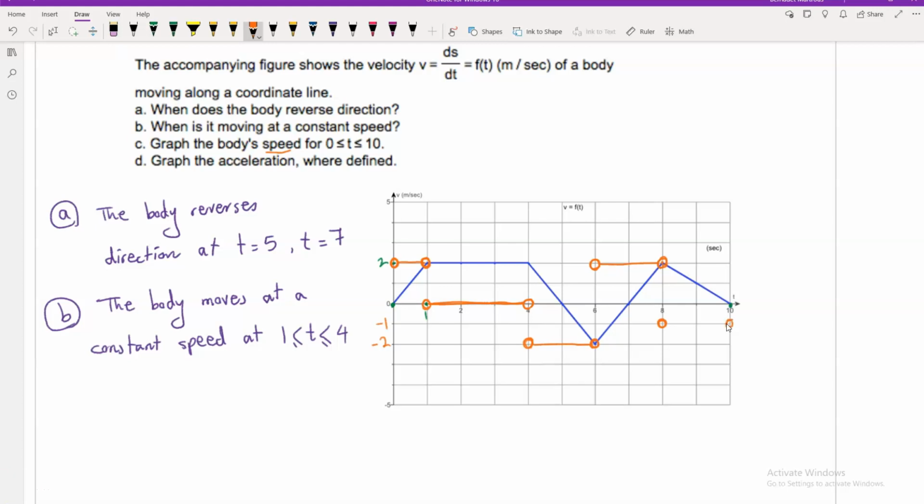And here we have an open circle for when t is equal to 10. Remember that the acceleration is the slope of this line, and that is -1. So here we have -1 on this vertical line. Use that to draw this line. Connect these two.